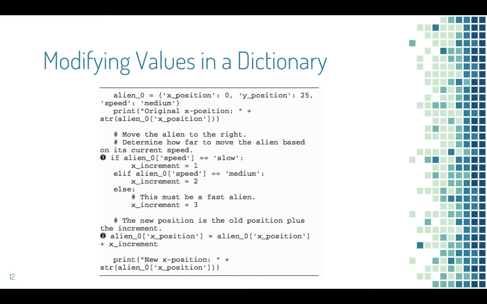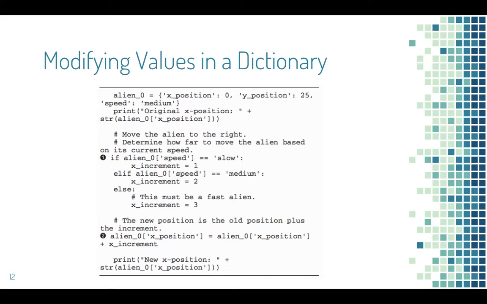For a more interesting example, let's track the position of an alien that can move at different speeds. We'll store a value representing the alien's current speed and then use it to determine how far to the right the alien should move. We start by defining an alien with an initial x position and y position and a speed of medium.